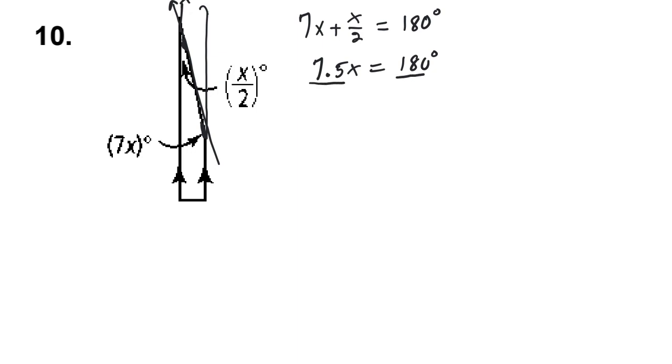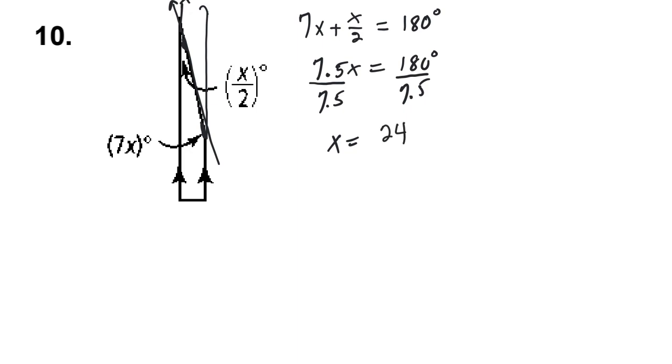And then on the right side, you're going to go ahead and divide by 7.5. I'm going to do this on the calculator. So we have 180 divided by 7.5 is 24.